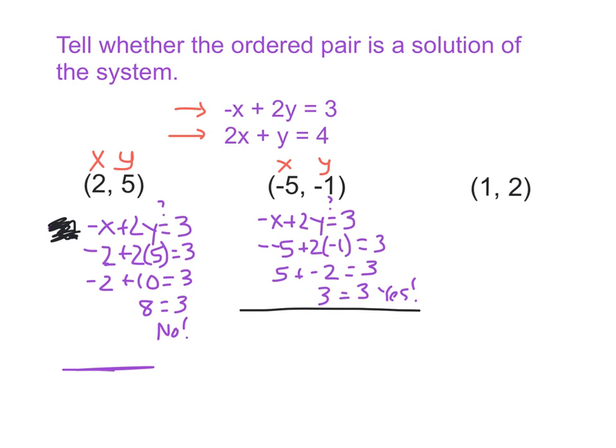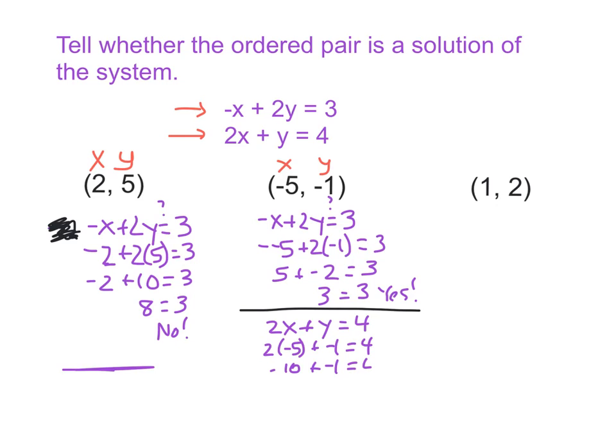All right, so the other equation is 2x plus y equals 4. Now we're going to put in negative 5 for x and negative 1 for y in this equation. So 2 times negative 5 plus y, which is negative 1, equals 4. 2 times negative 5 is negative 10 plus negative 1.